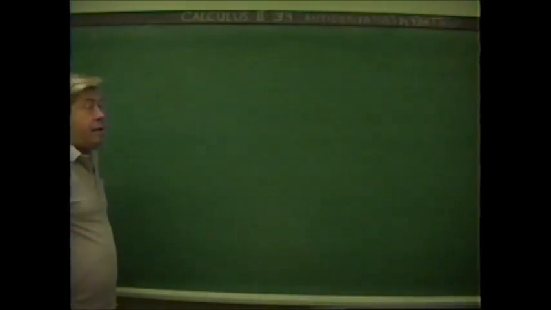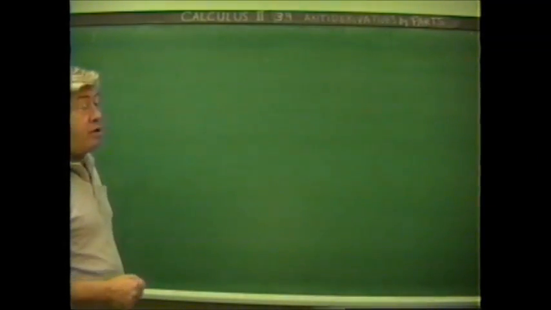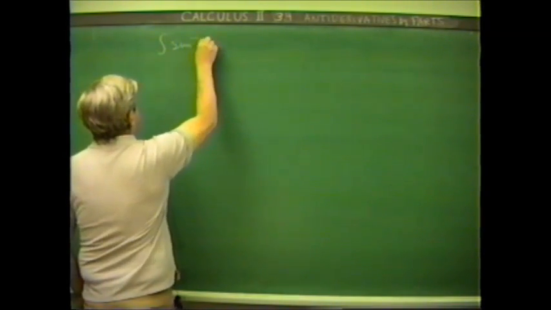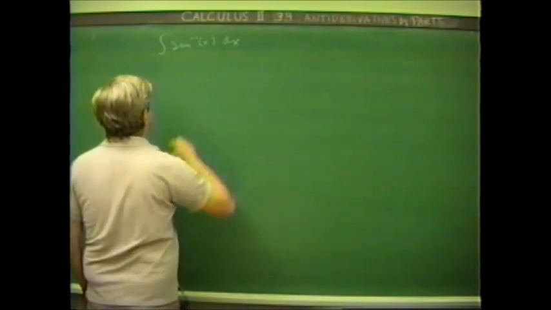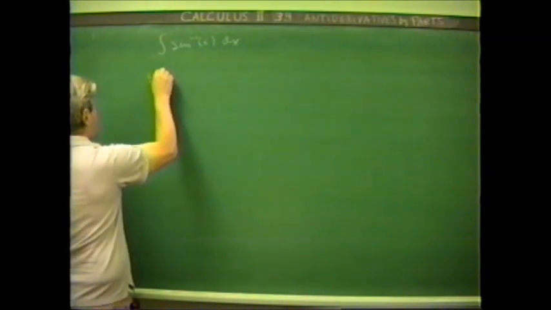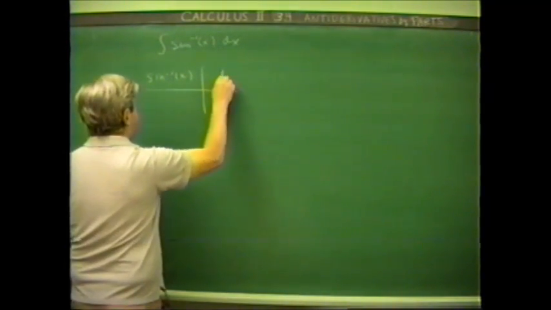The arc secant and the arc sine, you can also find their antiderivatives by using one of the parts equal to 1. Let's take a look at them. The antiderivative of sine inverse of x with respect to x. Well, let's put sine inverse of x here and 1 here.